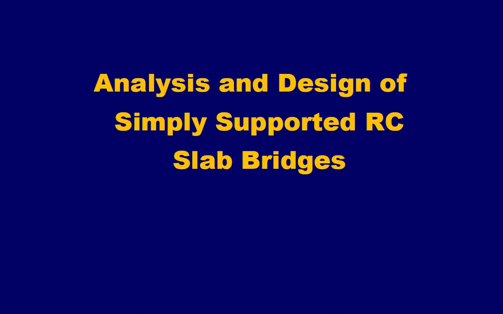So, after discussing all the basic terminologies and the basic parameters, now we are able to go for analysis and design of the simply supported RC slab bridges. Let me tell you clearly that bridges are not that simple, and we are just considering a very simple case because at this level we can only understand this kind of analysis and design of a bridge.